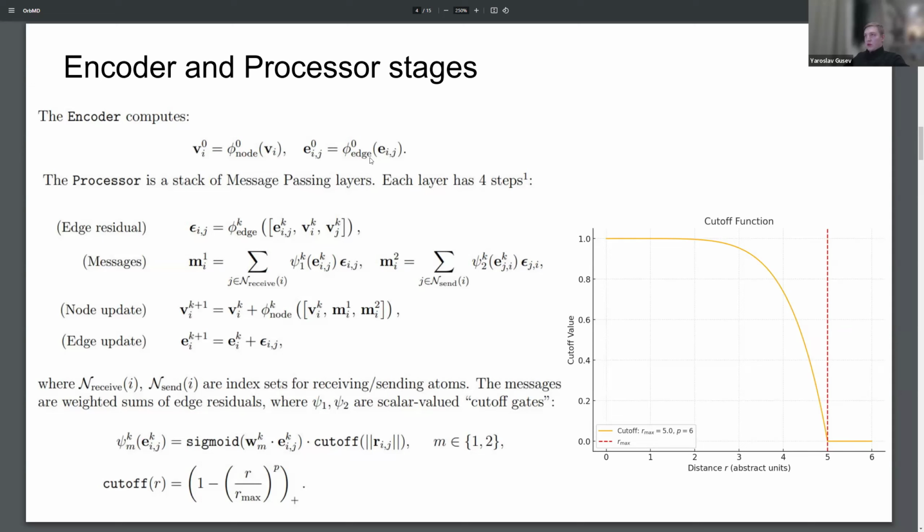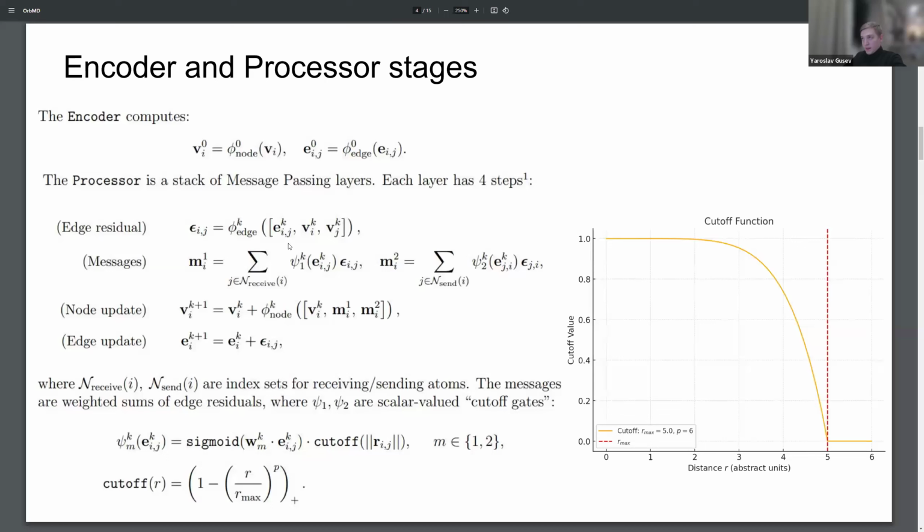And then they do essentially the same with those edge features, with those Gaussians. They also map it in a trainable way to some latent space where they proceed with the so-called processor operations.